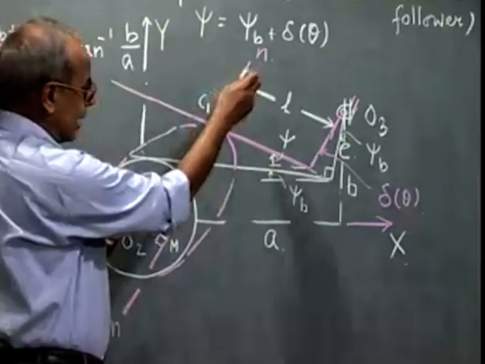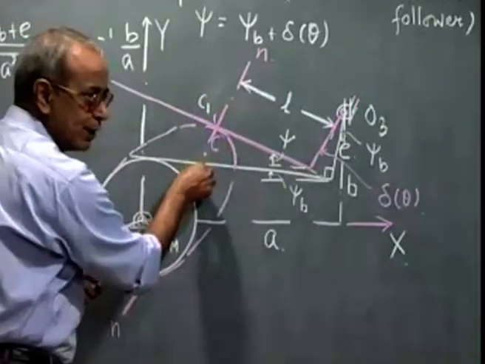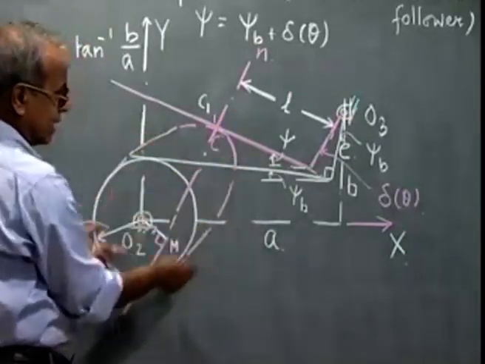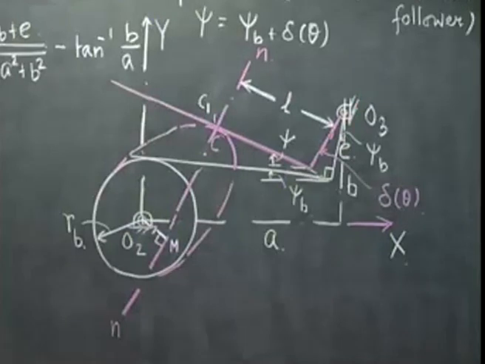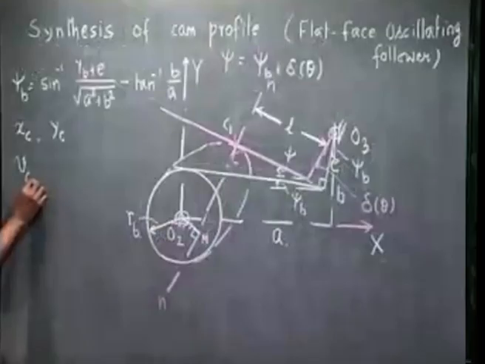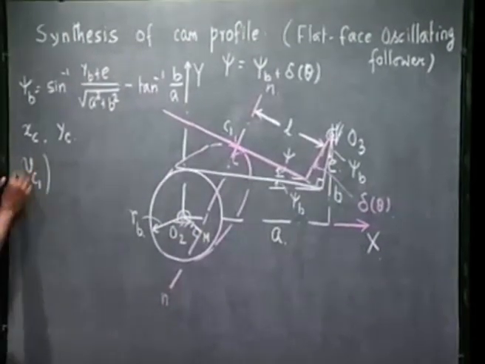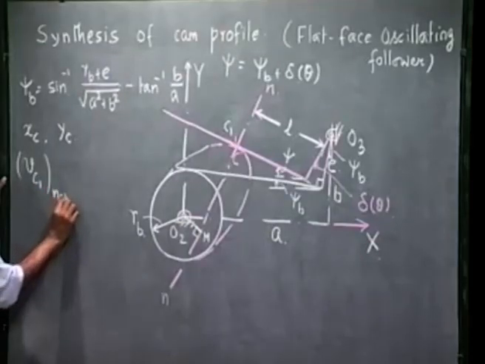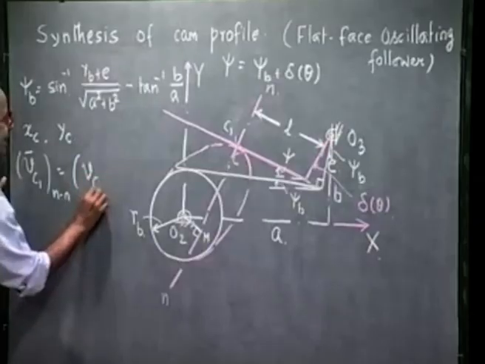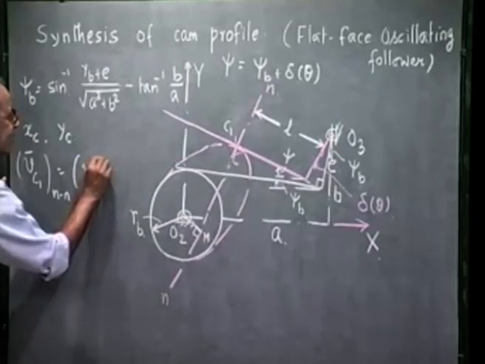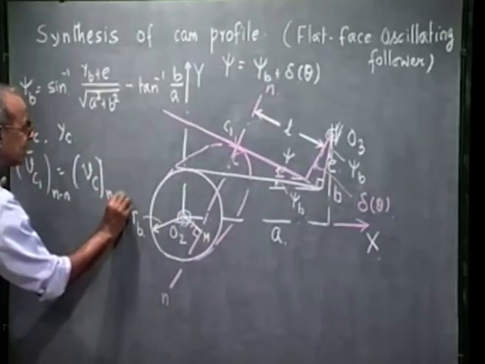Otherwise, the contact will be either lost or one point will get into the other, which cannot happen because they are rigid bodies. To maintain the contact, velocity of the point C1 along the direction NN must equal the velocity of the point C along the same direction.